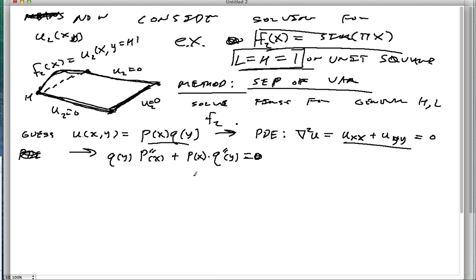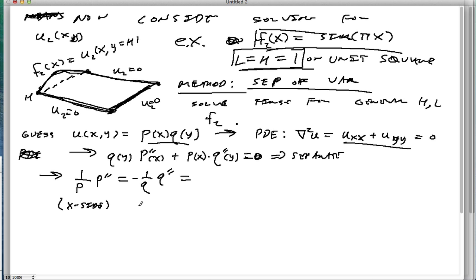Now we want to find p and q, so what we do is separate. We move terms over and get p double prime over p is equal to minus q double prime over q. And just like before, here is the x side, and here is the y side.